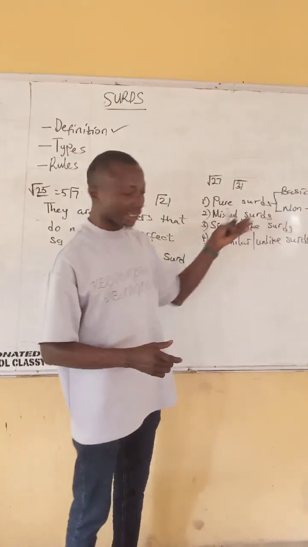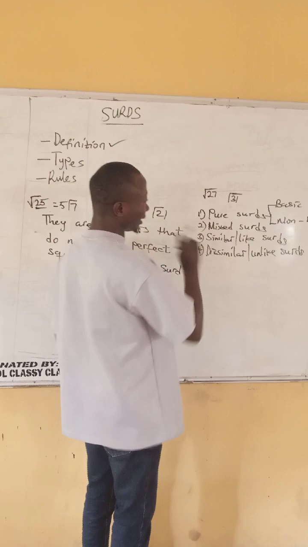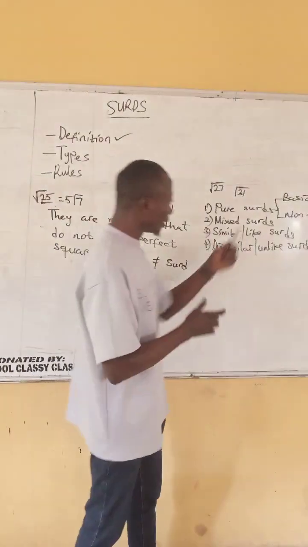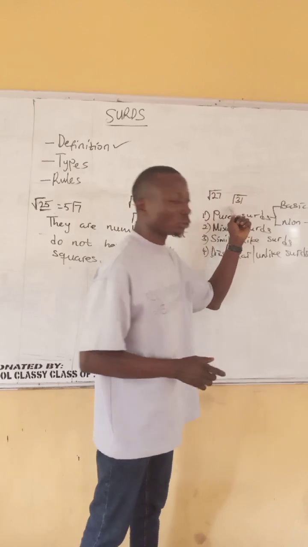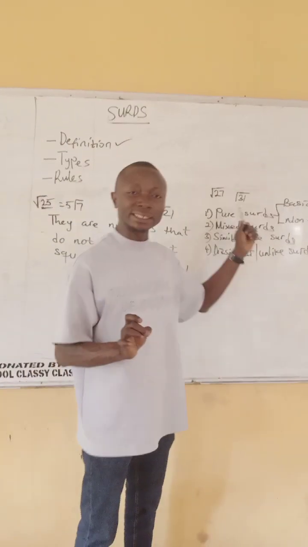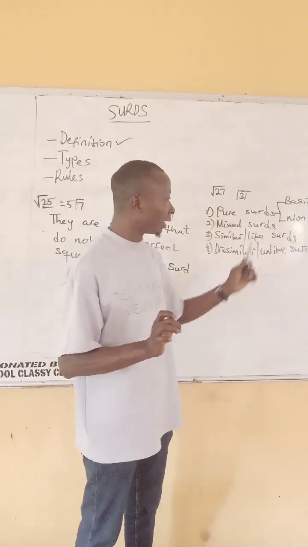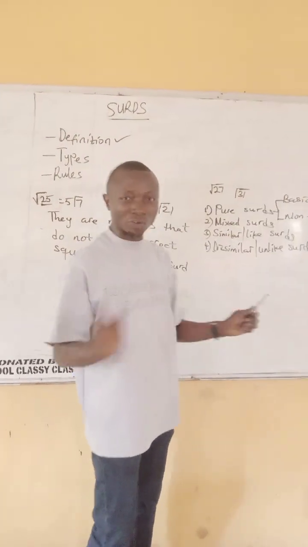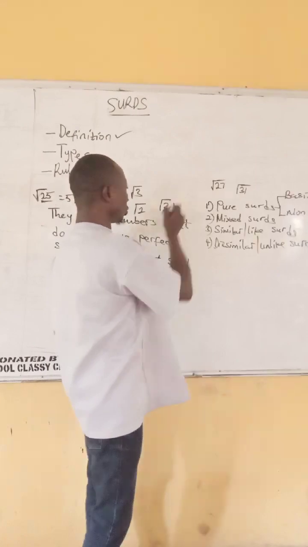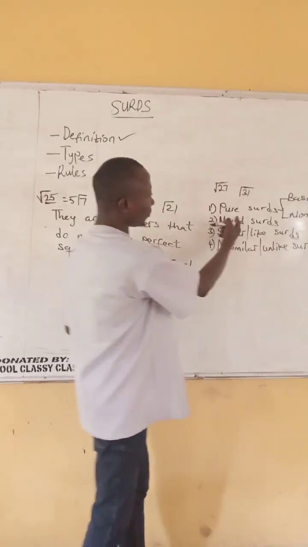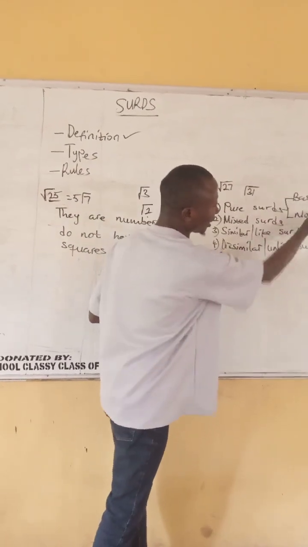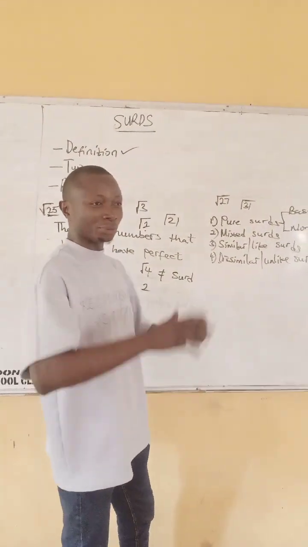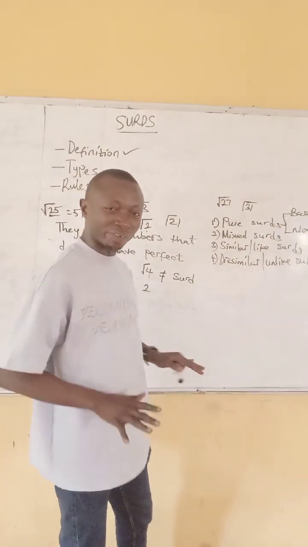A basic surd is a surd that is in its simplest form. An example is root 31. Root 31 is a form of pure surd that is in its basic form. Like root 3 and root 2, they are examples of basic forms of pure surds because they cannot be broken down or simplified.